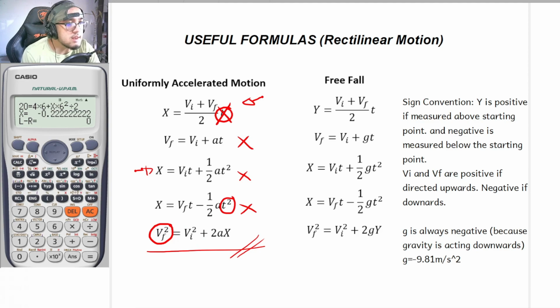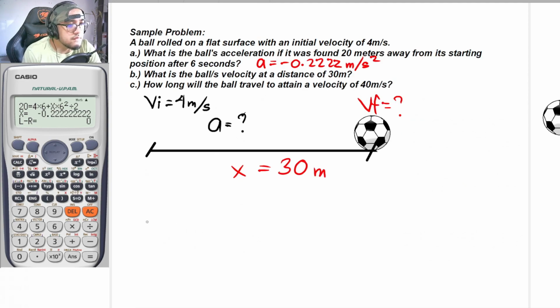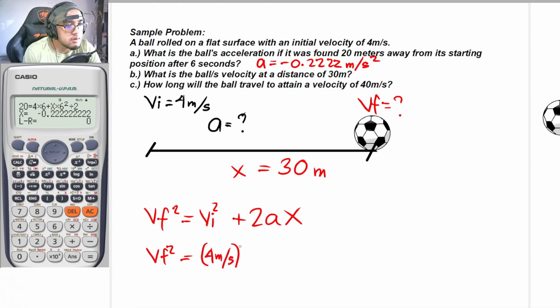Okay, rewriting that equation, VF squared is equal to VI squared plus twice the acceleration times your distance. So for your VF squared, substituting known values, VI is 4 meters per second, squared, plus twice the acceleration.